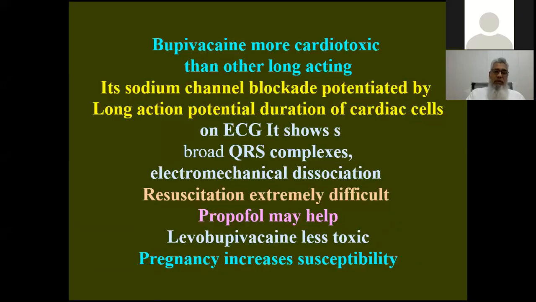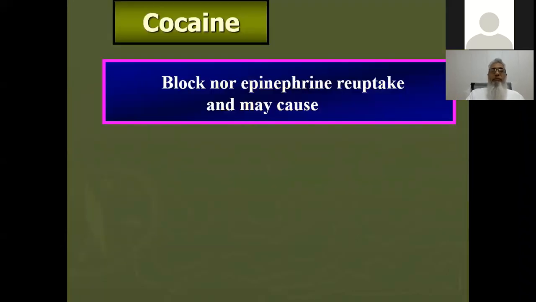If there is a blood tinge, you shouldn't inject the drug because it may go into some blood vessel and cause serious cardiac toxicity, leading to cardiac arrest. Pregnant patients are more susceptible to this cardiac toxicity of local anesthetics.